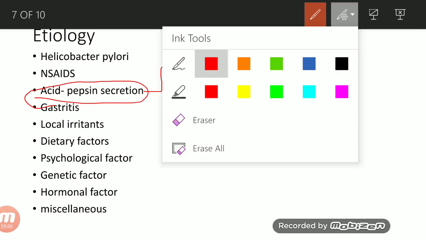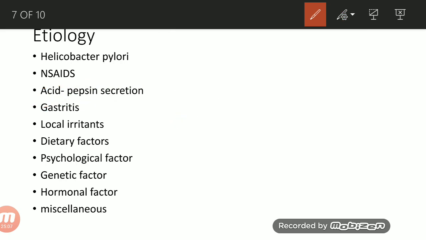Gastritis. If your gastritis becomes chronic, it can lead to peptic ulcer. It has also been seen that whenever someone is suffering from peptic ulcer, some level of gastritis is always there.